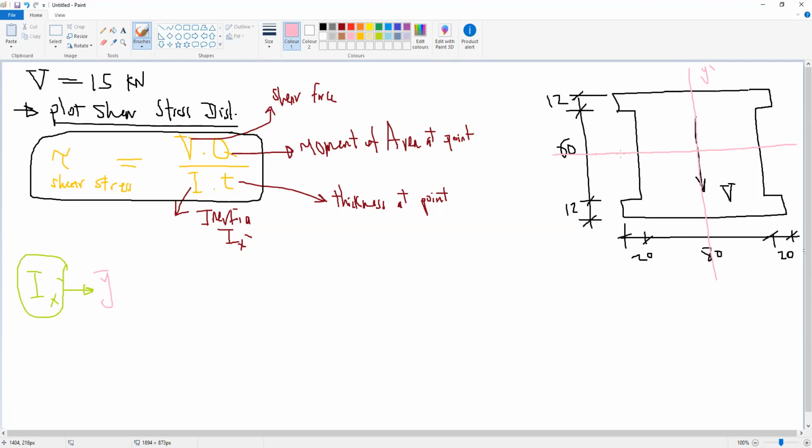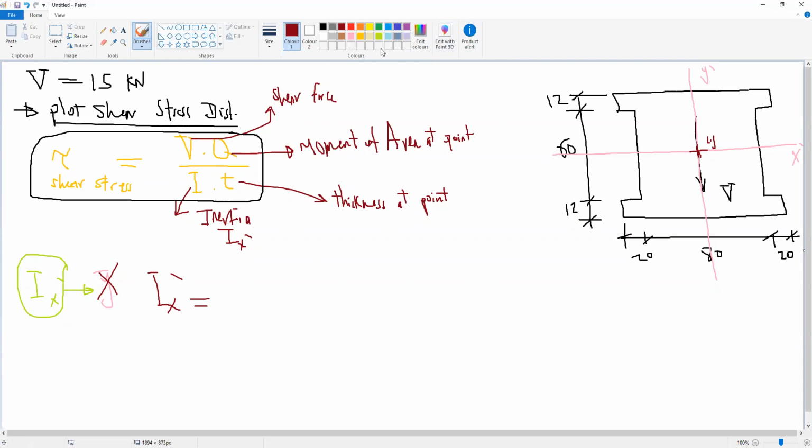So this is the x dash axis, and the centroid will be here at the middle of the section. This is the centroid or CG. So we don't need to calculate y bar because we already know where the centroid is. So we will directly calculate I x dash.